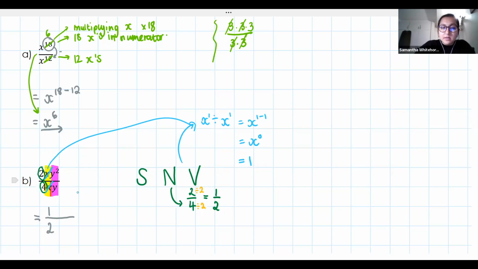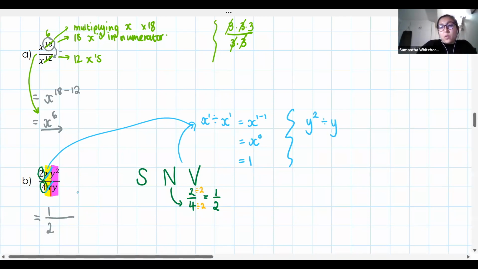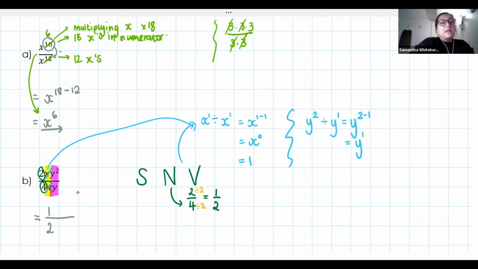They have canceled. However, when we look at the y's, we've got y squared, that's in our numerator, divided by y, which has an exponent of 1. Our exponent law tells us to subtract the exponents, leaving us with y, or y to the power 1. Now, this is why I don't particularly like this law, is because sometimes we get ourselves confused.